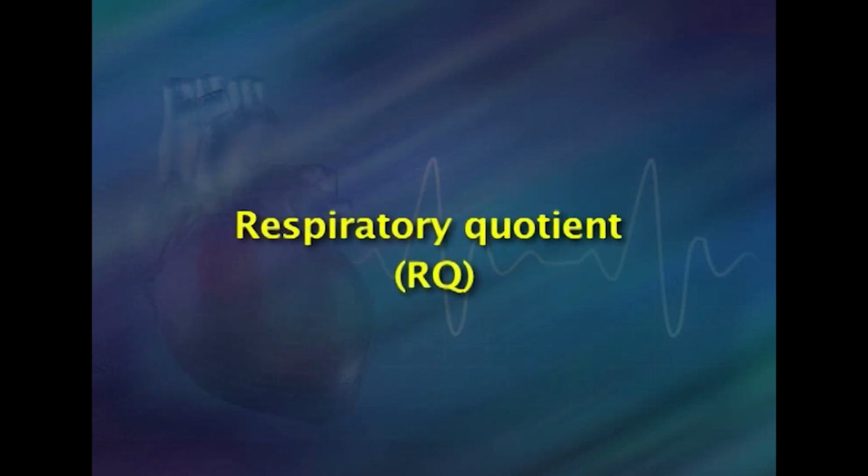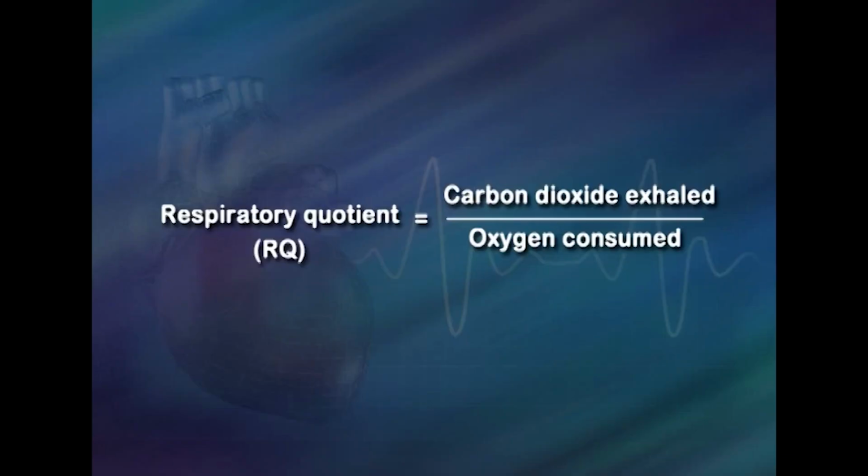Then respiratory quotient is defined as the ratio of the volume of carbon dioxide produced to the volume of oxygen used on oxidation of a given amount of nutrient. So, the formula is RQ is equal to carbon dioxide exhaled divided by oxygen consumed.